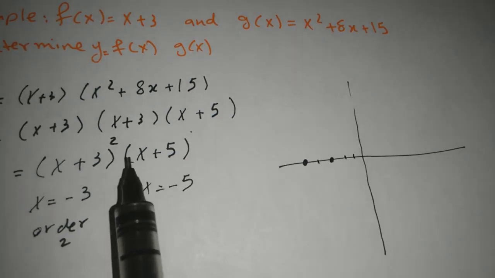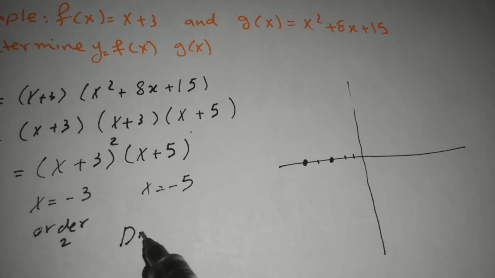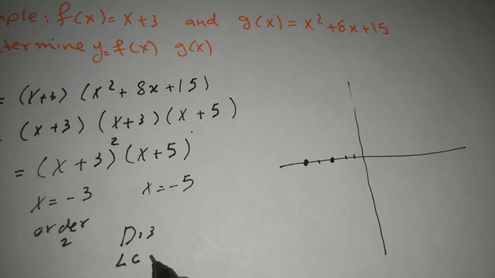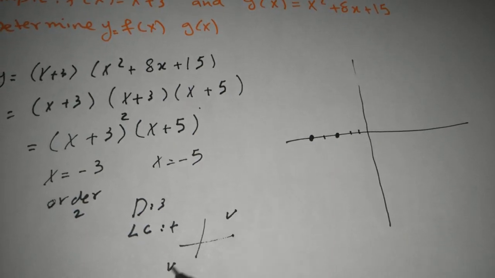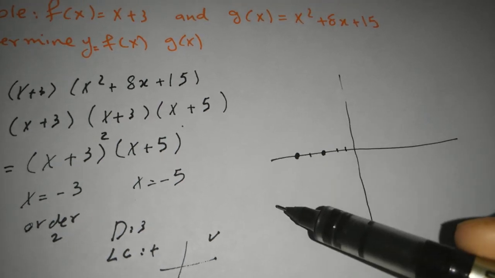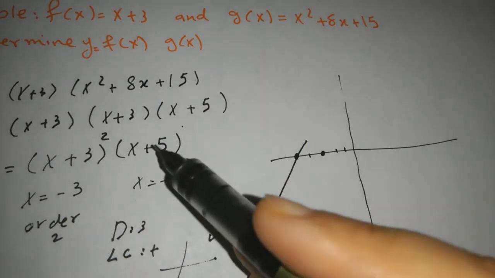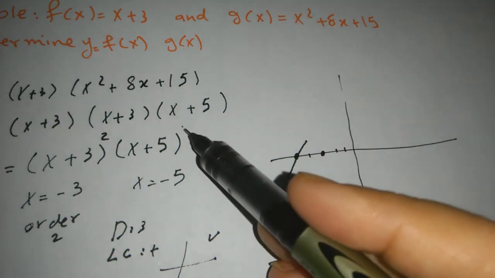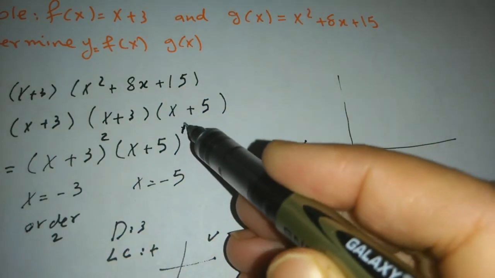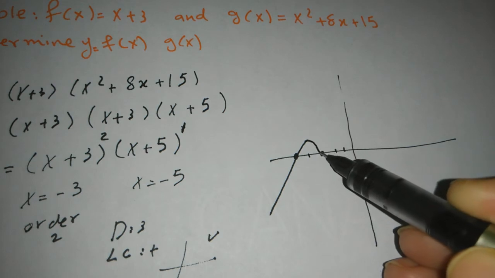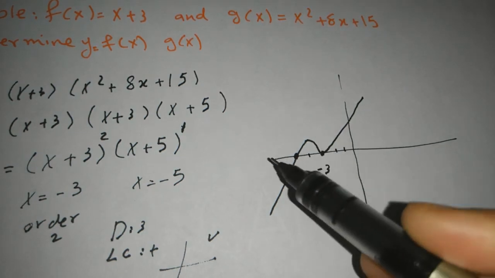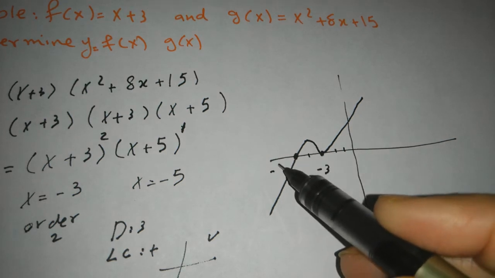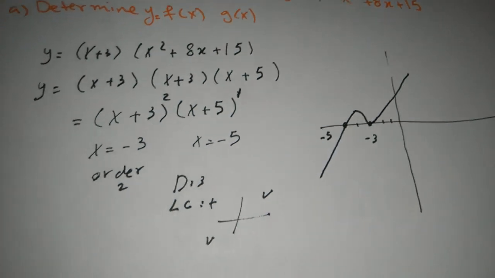Since the degree here is 3 and the leading coefficient is positive, my end behavior is going to be in these two quadrants. So I start here, pass through -5 because the order is 1, and when I get here at -3 I need to turn, since the order is 2. This is the graph of my function.